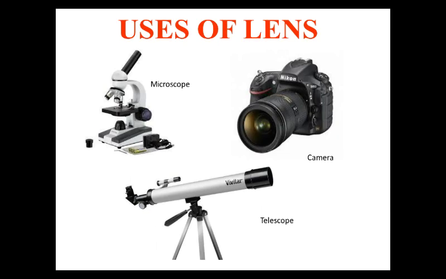And the next topic is various uses of lens. Convex lens can be used as a magnifying glass, microscope, telescope, film projectors, or to cure the eye defect hypermetropia, which is also known as farsightedness.